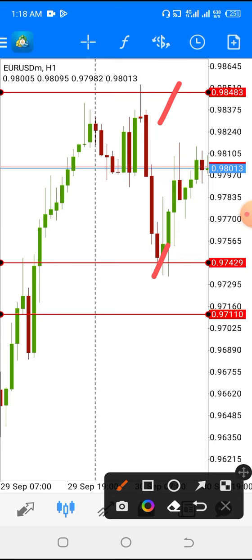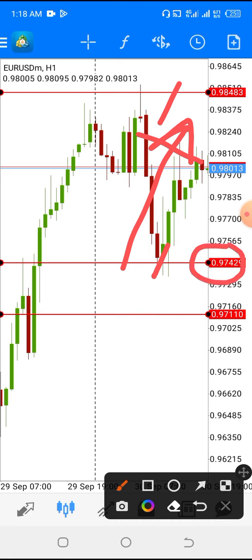Let's say you're taking this buy trade, but you're only willing to lose 20 pips. This is your price. You're only willing to lose 20 pips. Since you're expecting price to keep moving high, you can see here is 97 and this way is 98, the first two digits.